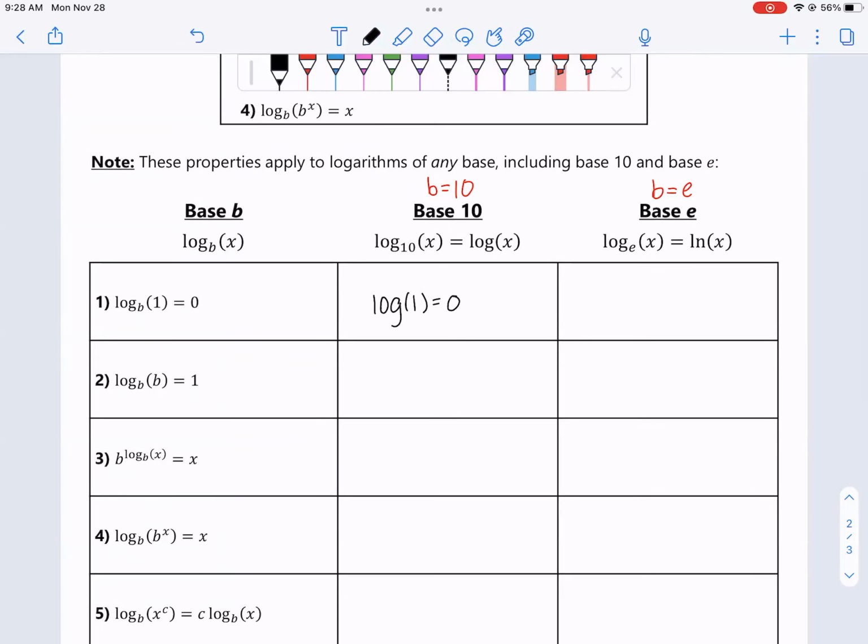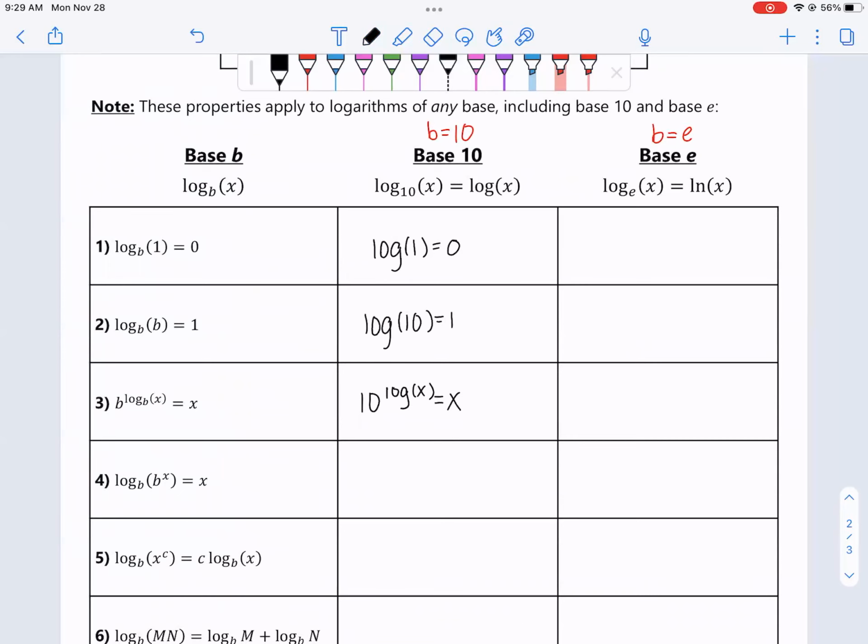If b is 10, that means that log of 10 is 1. Remember, we don't write the base 10 here because when it's base 10, we omit it. Okay. b raised to the log base b of x is equal to x. With a base 10 logarithm, that would be 10 raised to the log of x, don't need to write the base, is equal to x.